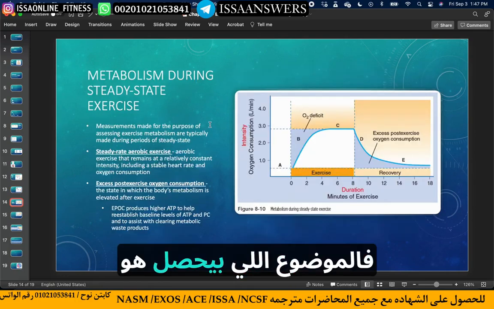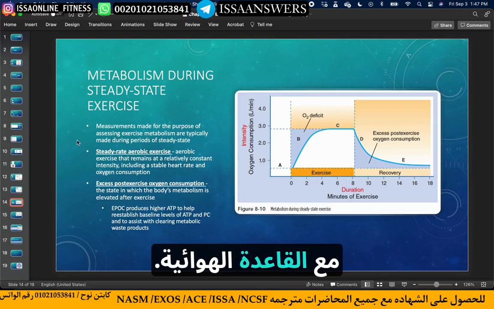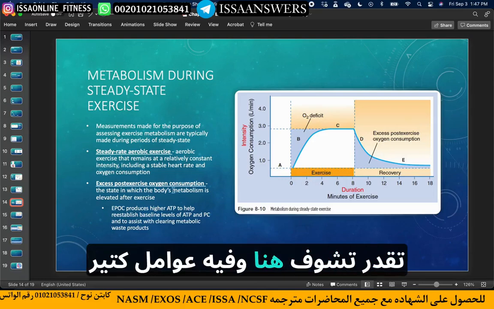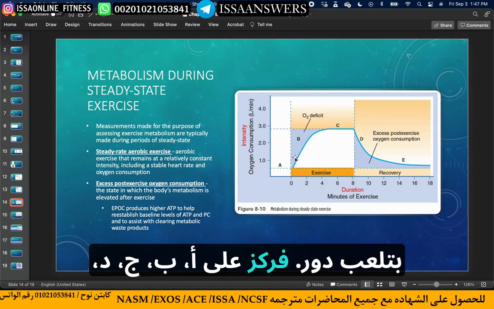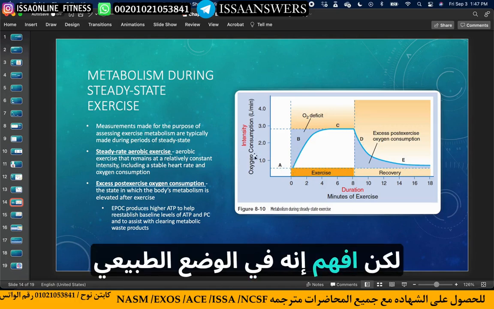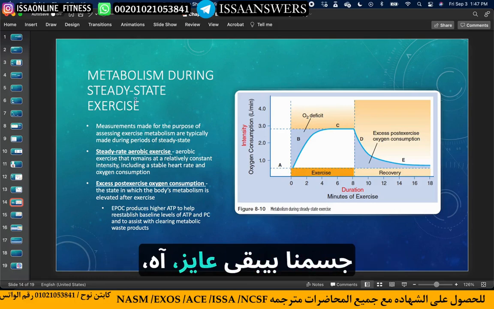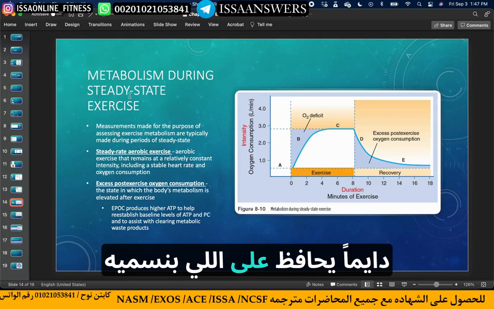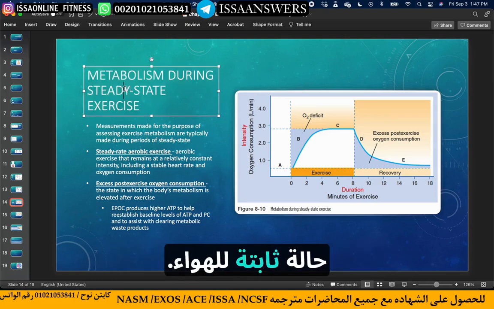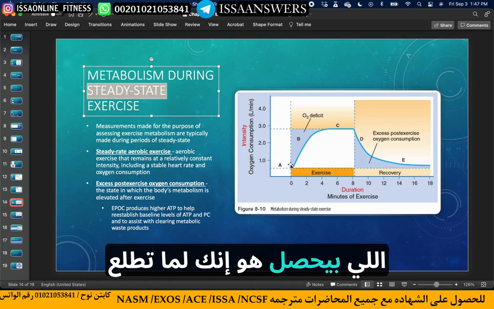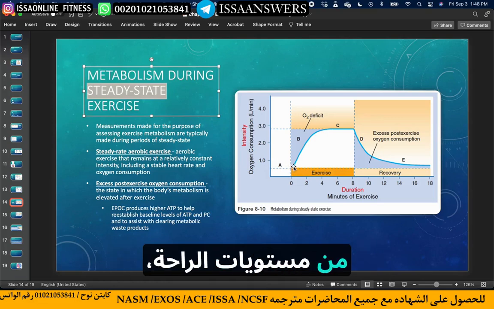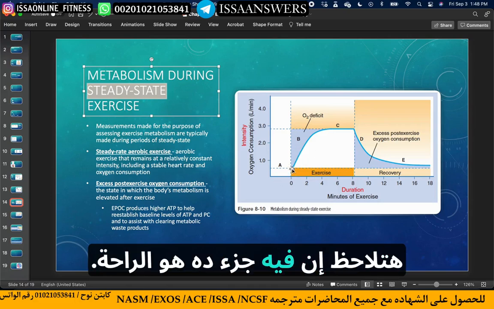So moving through, what ends up happening is, with aerobic base, you can see here, there's a lot of factoring that comes into play. So pay attention to your A, B, C, D, and E. But understand that in the normal sense, our body, for aerobic, wants to always maintain what we call a steady state. By doing that, as you come up from resting levels, if you follow the cursor over here, you'll notice that the A part is your rest.